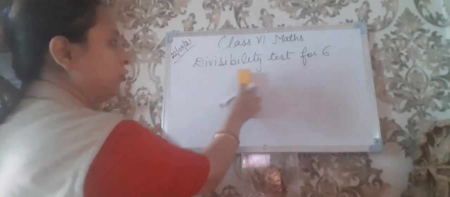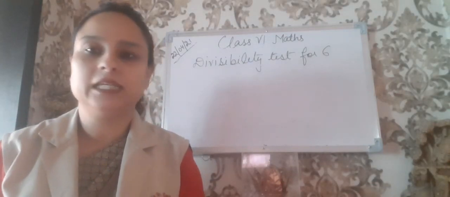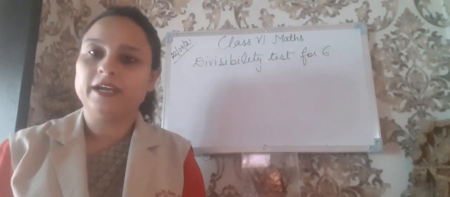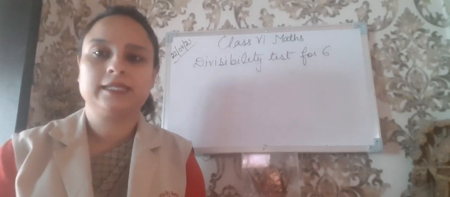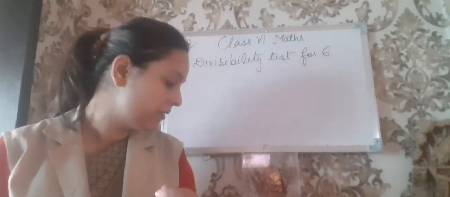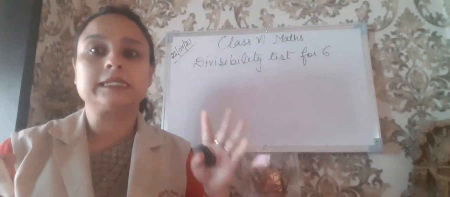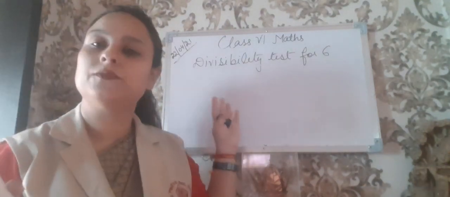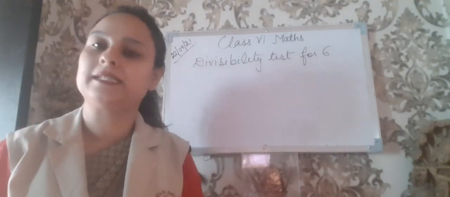I'll first explain it to you, then we will write it properly. We'll first see whether the number is even or odd. If the number is even, then I'll add up the digits and see whether it is divisible by 3 or not. So basically we are checking if the number is divisible by 2 and 3 both. Only then it will be divisible by 6.